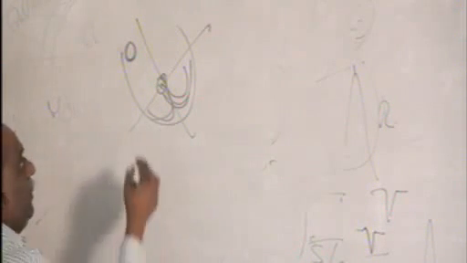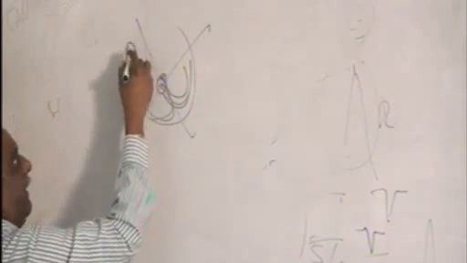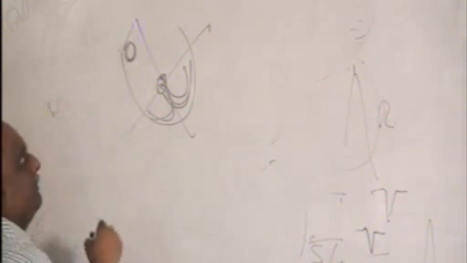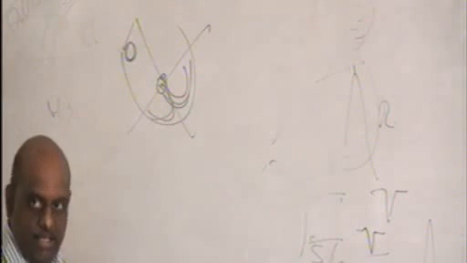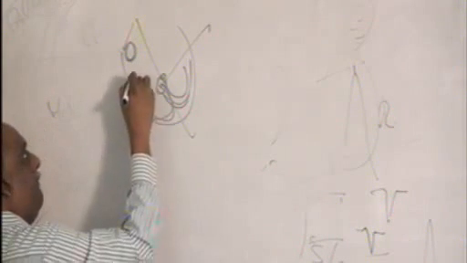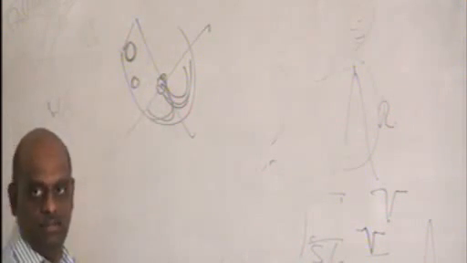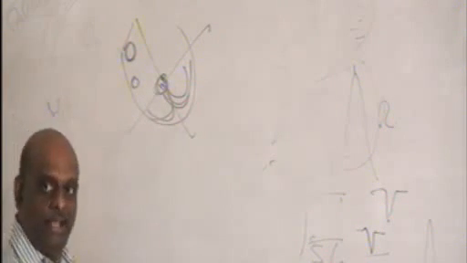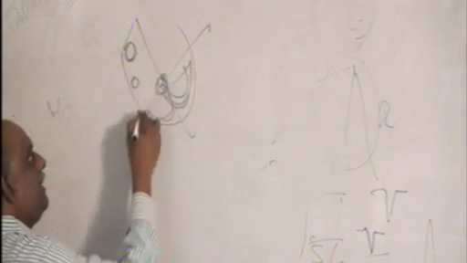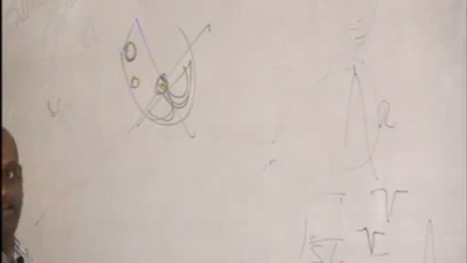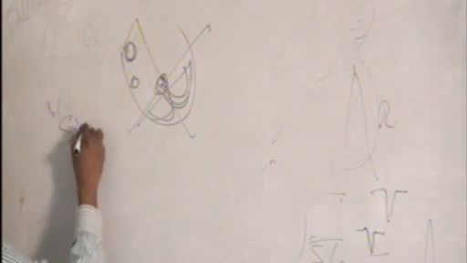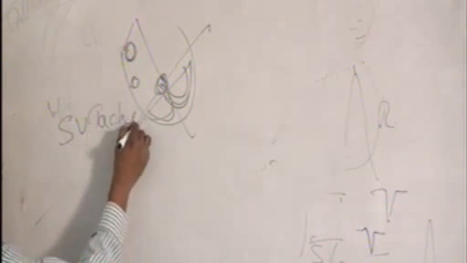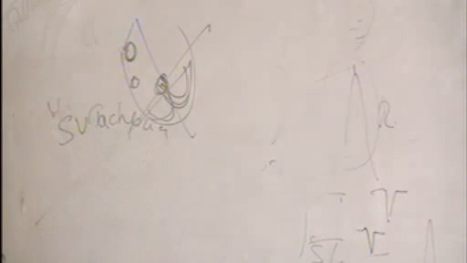If the arrhythmia arises from the SA node, or from the atria, or from the AV node, in all these scenarios, what is this arrhythmia called? Supraventricular tachycardia is the name which is given.